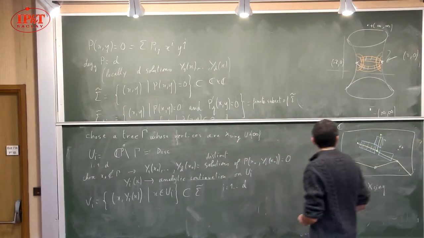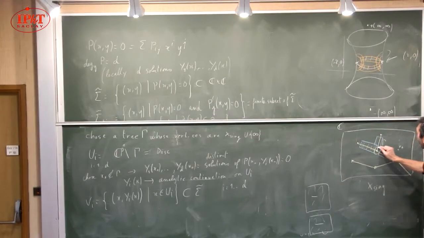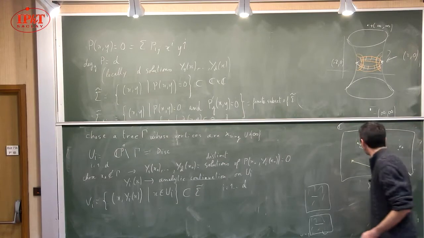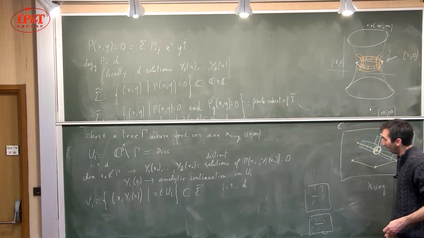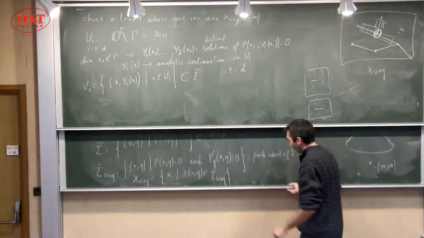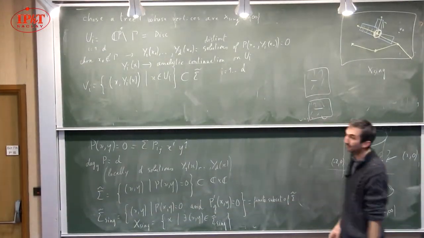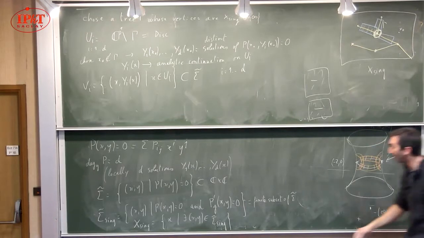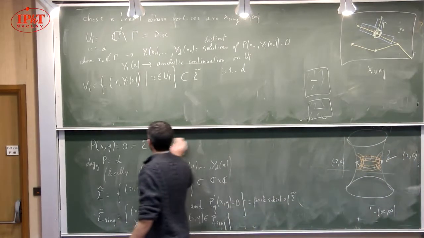What is more subtle is what happens near those points. And near those points, generically, if you have a generic branch point, it will behave like a square root, and it will be exactly the same as I did before.